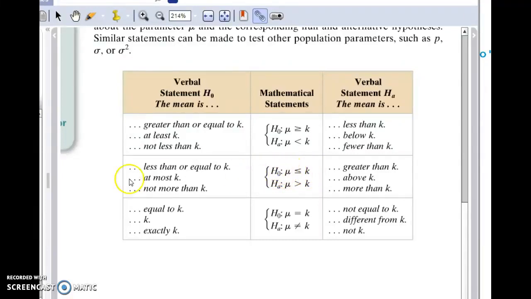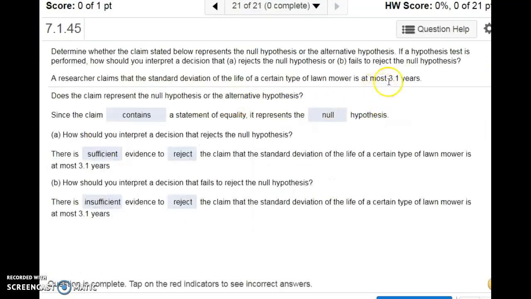Our null hypothesis would be the standard deviation is less than or equal to 3.1. Our alternative would be that the standard deviation is greater than 3.1. So at most 3.1, 3.1 or less, that contains the equality in there, which means that's part of the null hypothesis like I just went through.